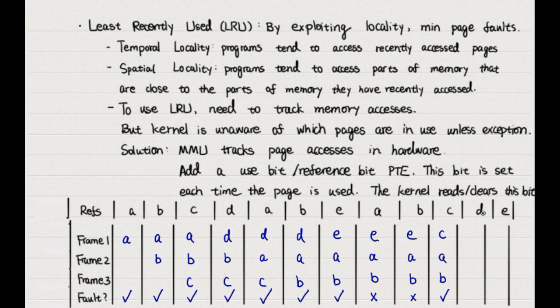And we have D, and D is not in memory, and we look back and find that A is least recently used, so we replace A with D. And there's page fault. And now we have E, and we look back and find that B is least recently used, so we replace B with E. And there's page fault.